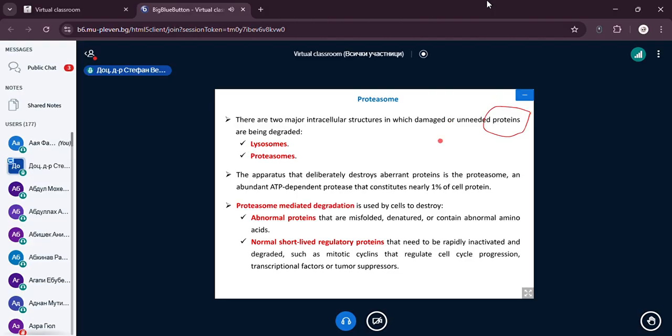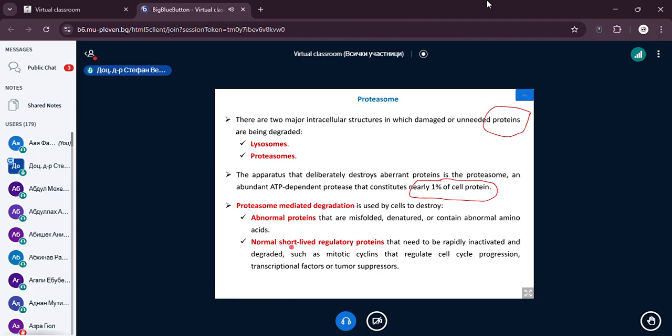This protein complex is so important that usually it constitutes nearly 1% of the cell protein content. The proteasome mediates degradation of abnormal proteins, proteins which are incorrect, misfolded, denatured, or of normal proteins which must have a very short life.